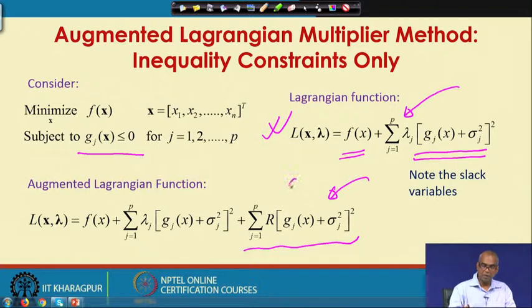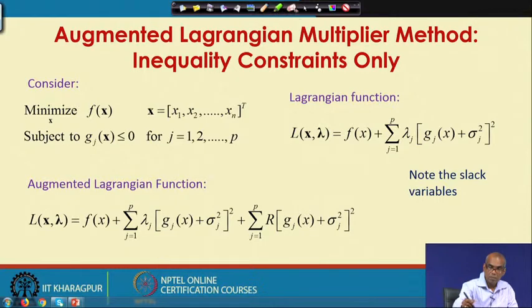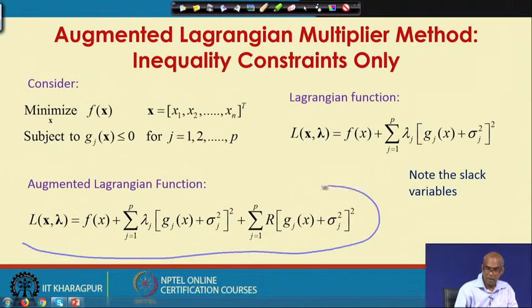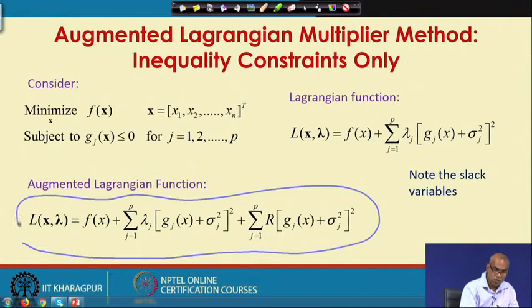So, you have the penalty parameter r and the parabolic penalty term. This gives me the augmented Lagrangian function. You have to minimize this augmented Lagrangian function to find the minimum of the original constrained nonlinear programming problem.